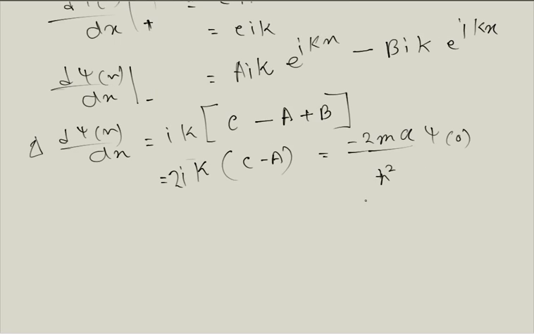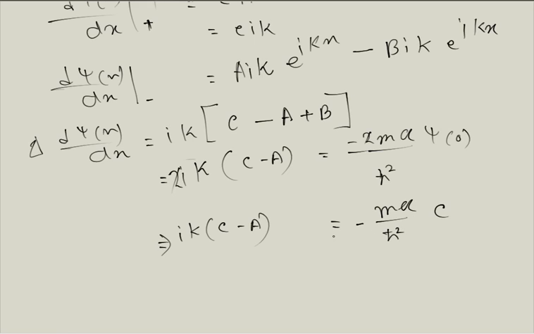Psi of 0 is c here, 2 cancels out, so finally we get i k times c minus a equals minus m alpha over h bar square times c.